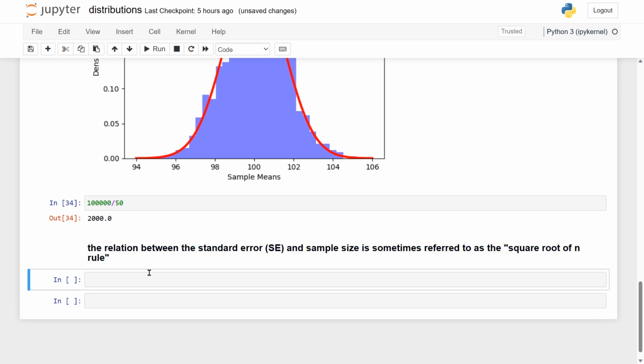Okay, to reduce the standard error by a factor of 2, the sample size must be increased by a factor of 4.